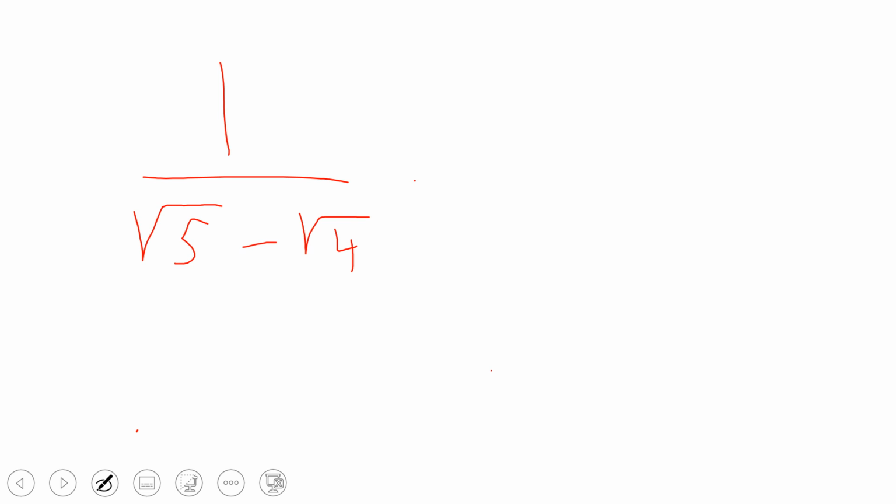Now, given this, when we have root 5 minus root 4, we need to multiply this by something that will give us an integer value.